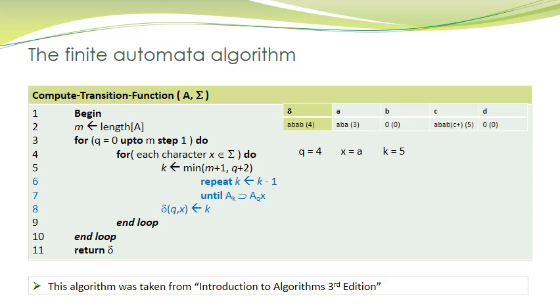AQX is given by the string represented by state Q, with the character of the input language X we are currently looking at concatenated on the end. So looking at our segment of the transition table, in this case AQX would be given by ABABA, and AK would be ABABC+. So we can see here that AK is not the suffix of AQX. That is, the last k characters of AQX are not AK.